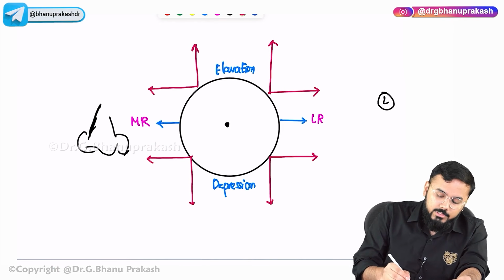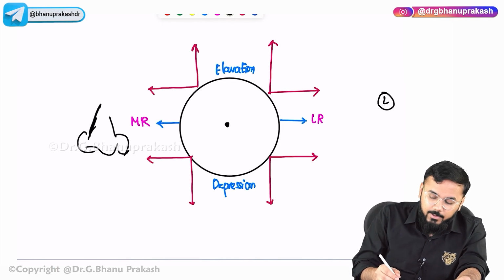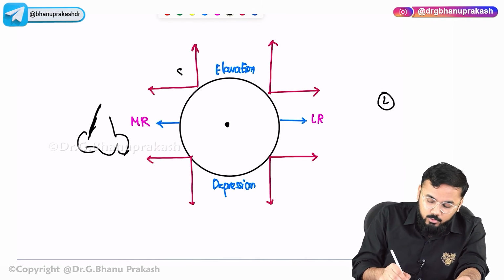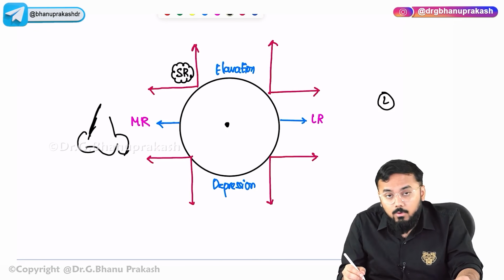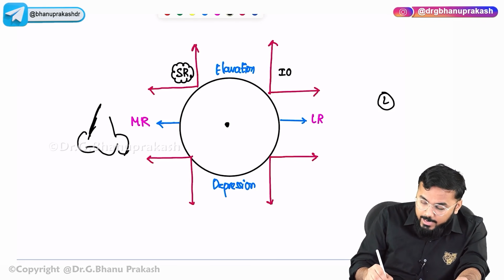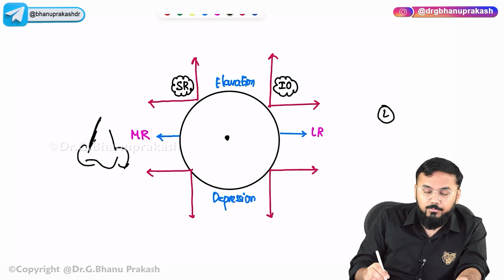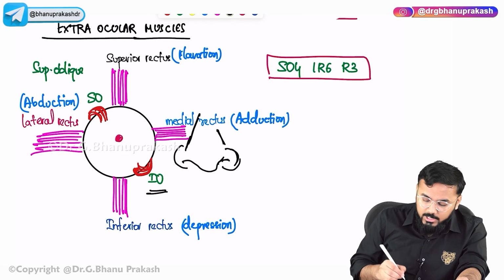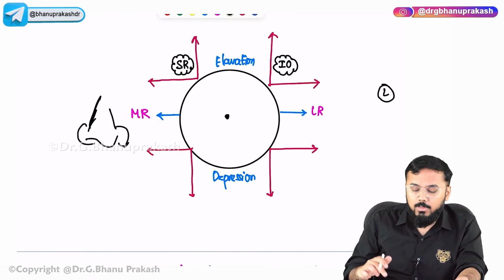Now this is a place where the superior rectus will act. Don't confuse here. I am writing now the actions of the muscles. For example, here is the action of inferior oblique. You might get confused that inferior oblique is down, but now you are putting it up.